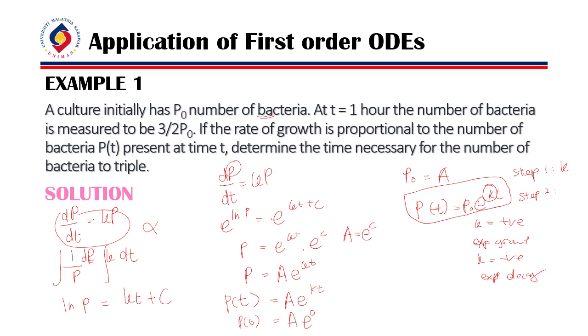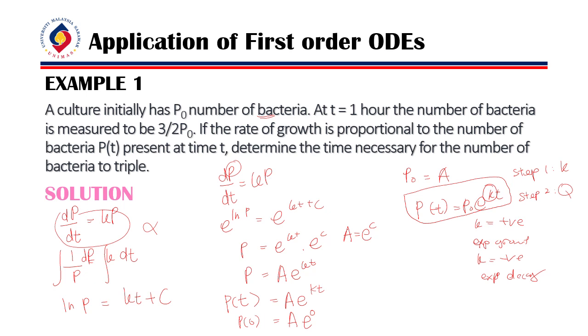Usually that is the kind of problem that is given. But maybe you are given the k value, and then you have to find the time. So it depends on how the problem is given.